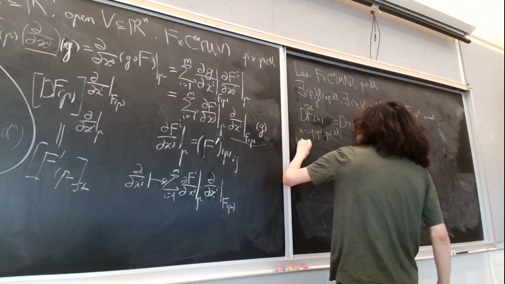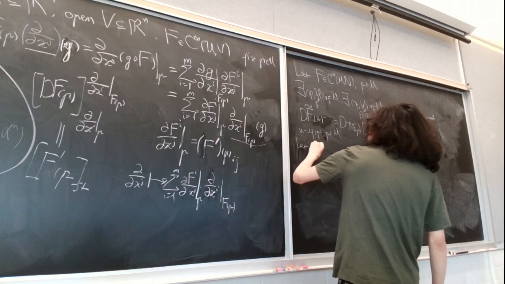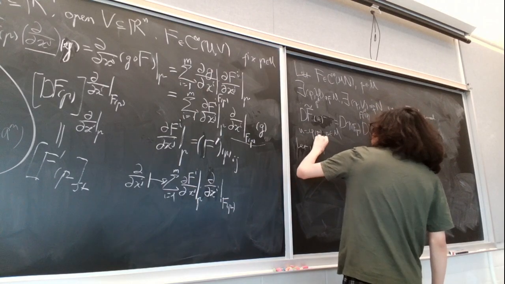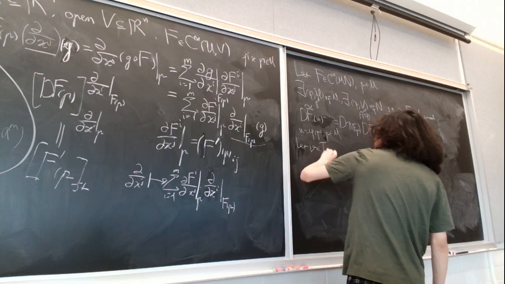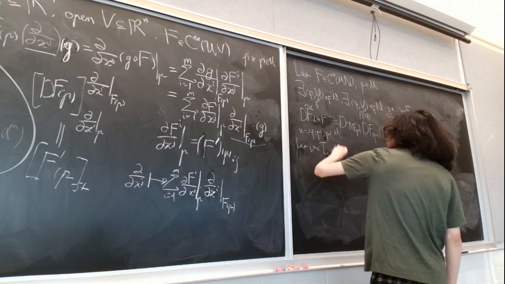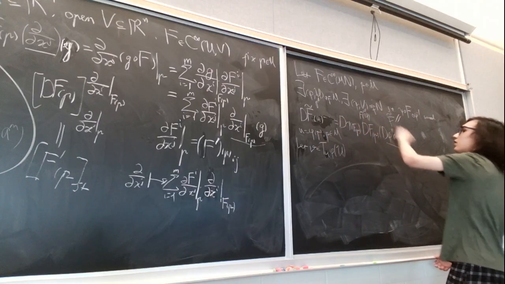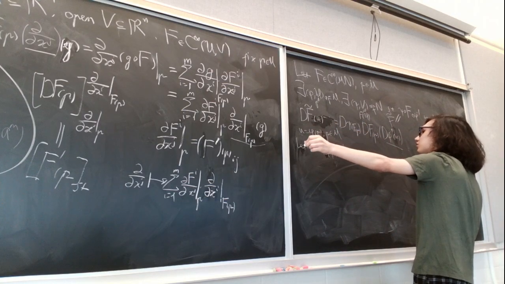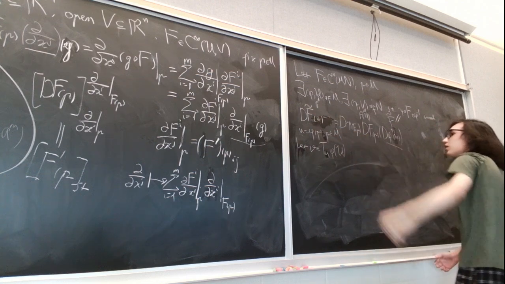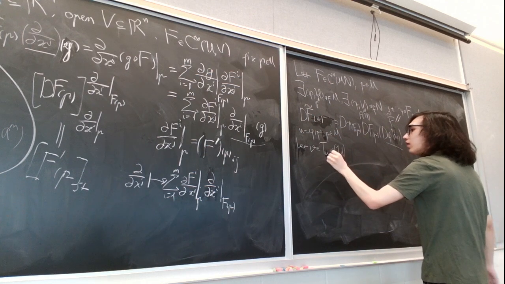So let v belong to the tangent space at u of phi of U. This is an open subset of Euclidean space, and f tilde is a function between open subsets of Euclidean space. We know how it looks in coordinates.